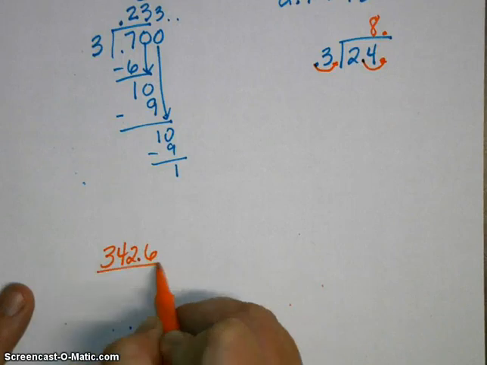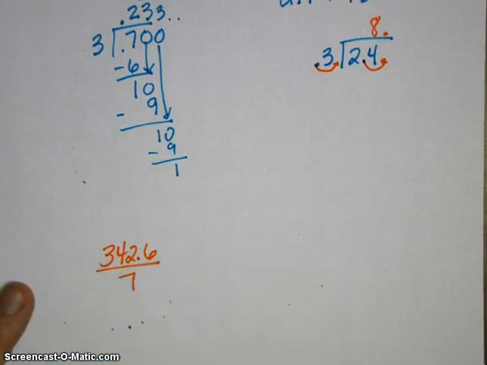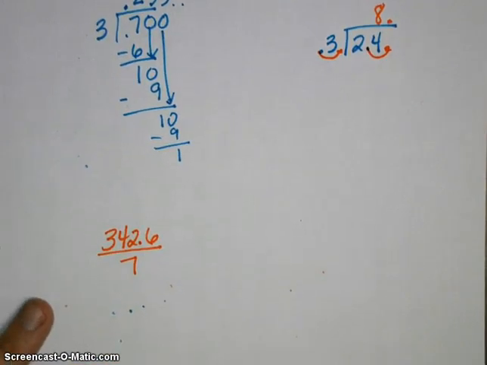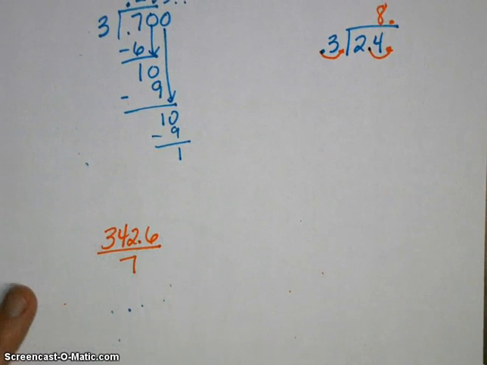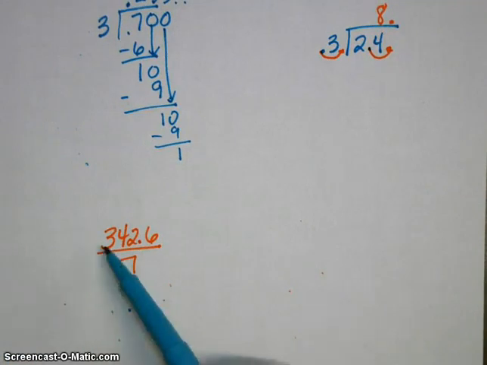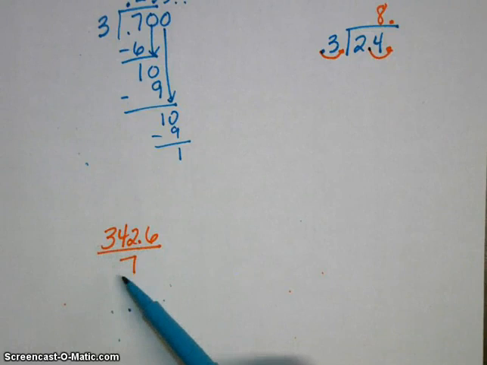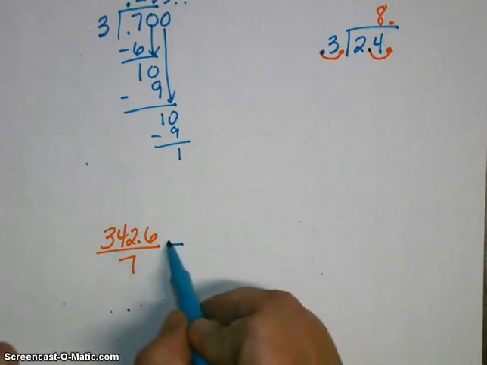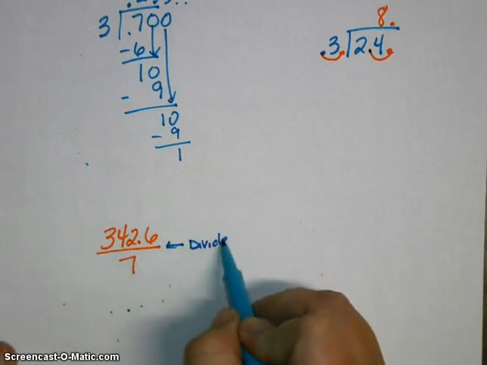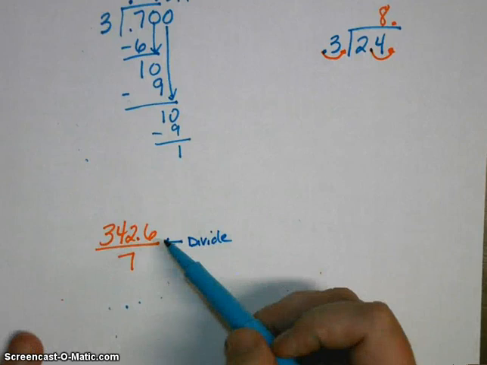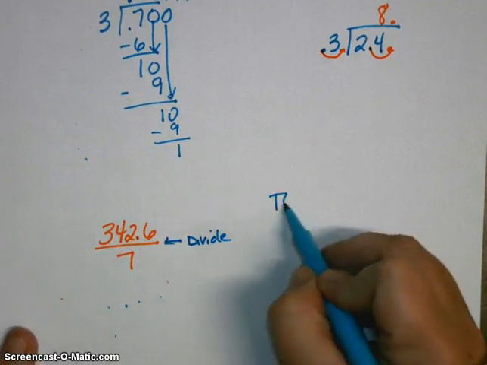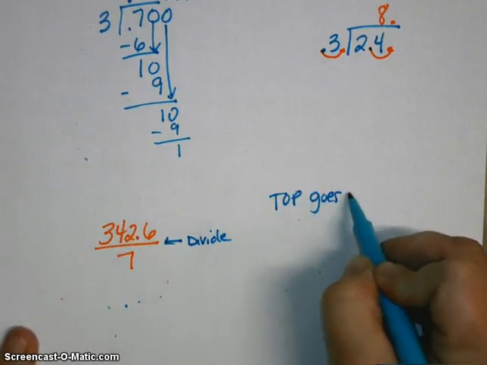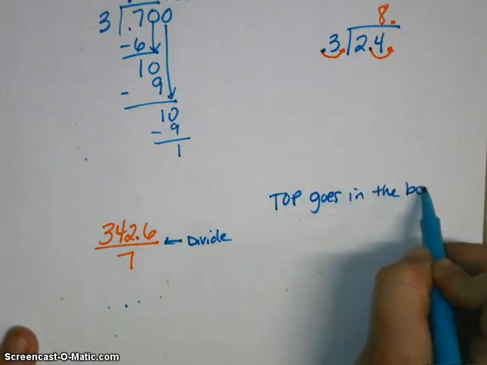Let's take a look at 342.6 divided by 7. When we're looking at a fraction like this, we can say 342.6 over 7. We can also say 342.6 divided by 7, because this bar means divide. When I'm going to divide, the top goes in the box, meaning the division house.